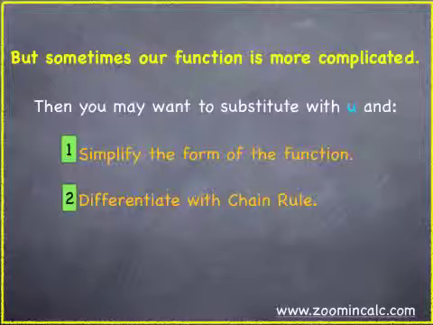And when you do that, the idea is to simplify the form so that it now looks like something you are comfortable with differentiating, something in the form, say, u to the n, which is like x to the n, or in the form e to the u instead of e to the x. Similar kind of concept here. Once you have it in that form, then you go ahead and differentiate using chain rule, and we'll get into that in a moment.